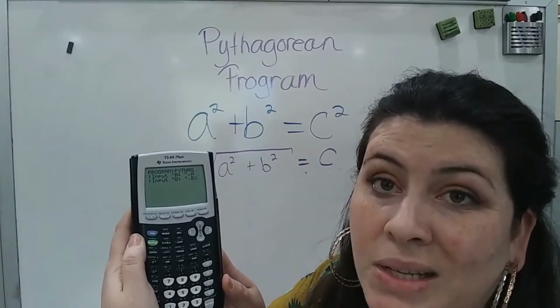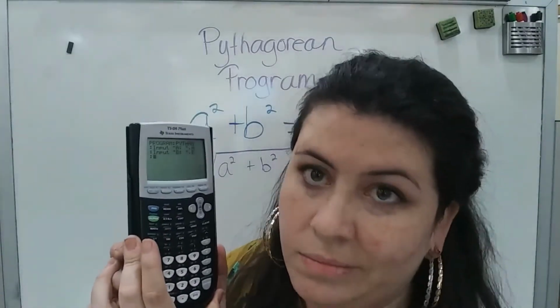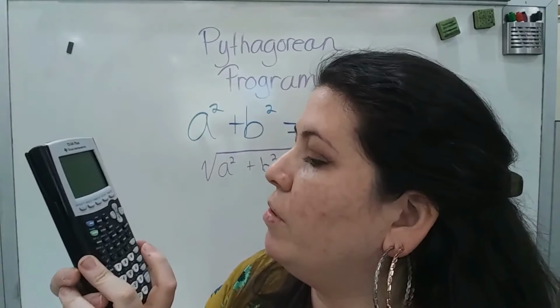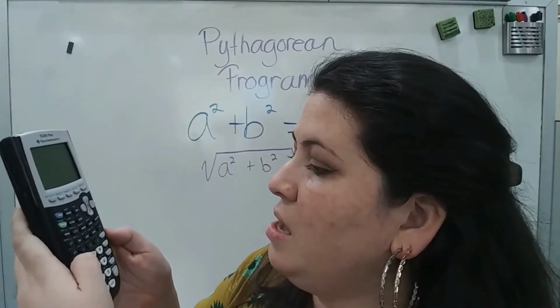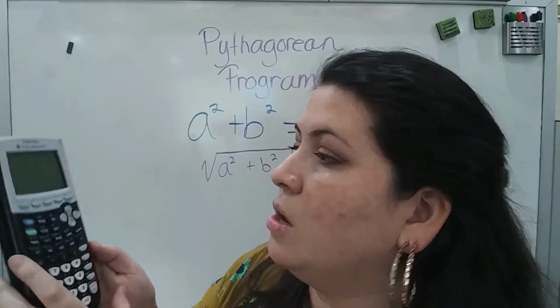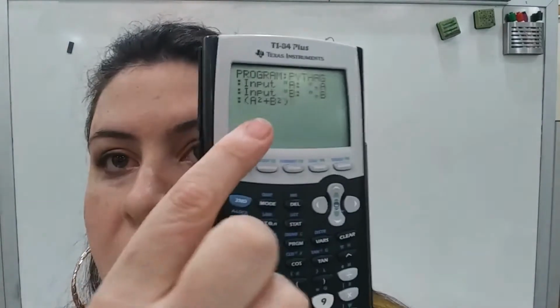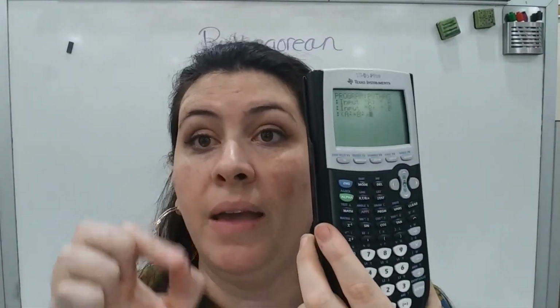Now let's tell it what to do. Input. Parentheses are your friend. Always remember that. So parentheses, A squared plus B squared, close parentheses. Now that I have my little function in there, I need to tell it to store it as something.